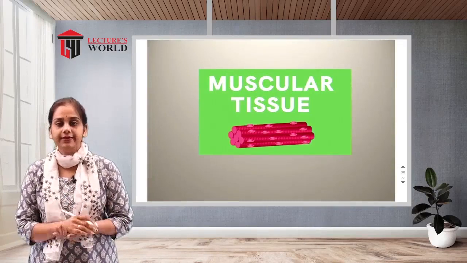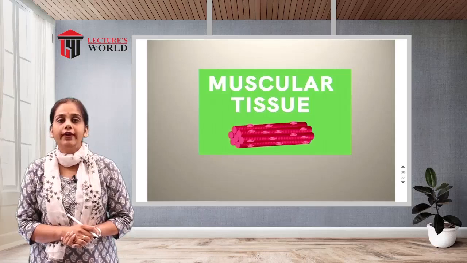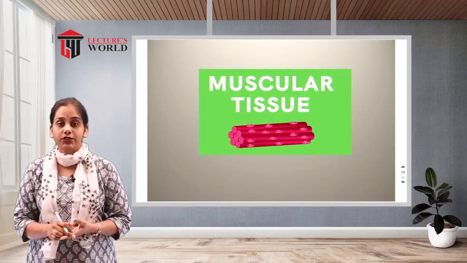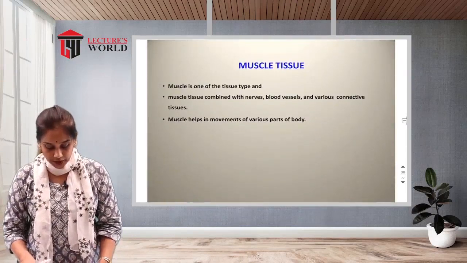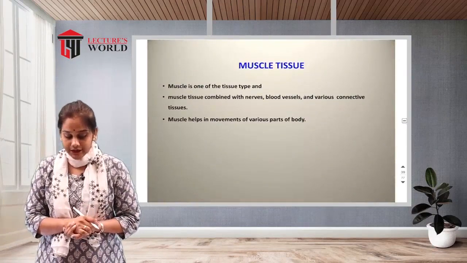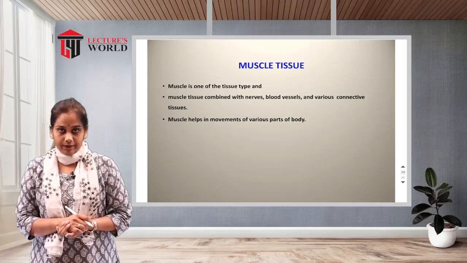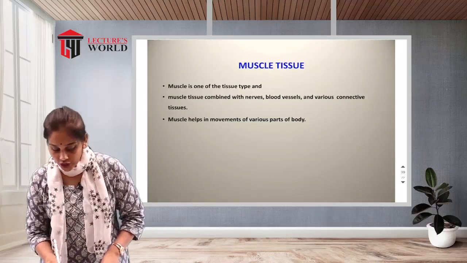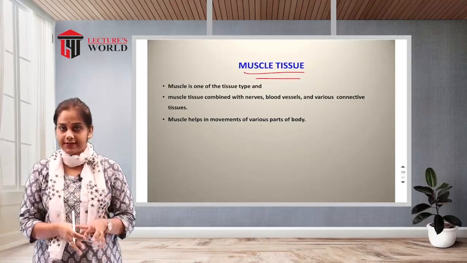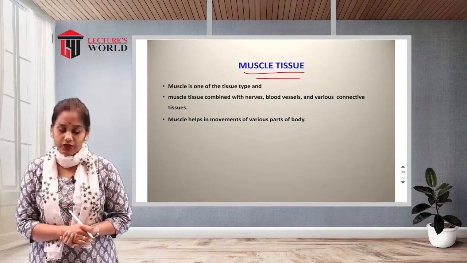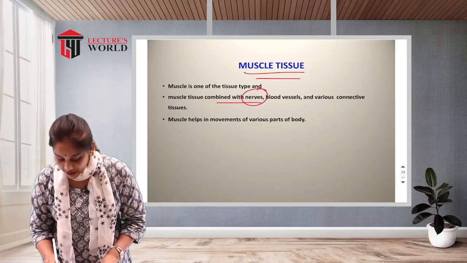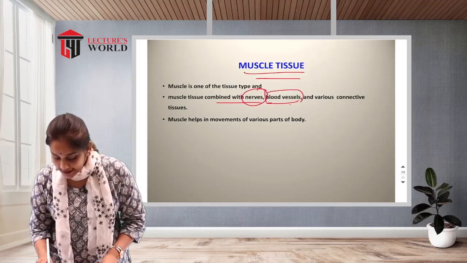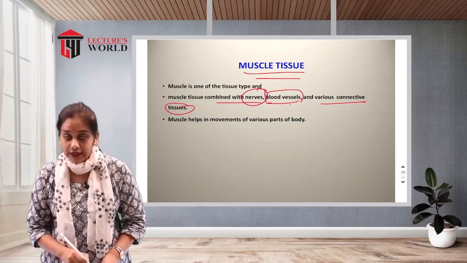Now the third one is muscular tissue, also known as muscle tissue. So let us see muscle tissue. Muscle is one of the tissue types. Muscle tissue is combined with nerves, blood vessels and various connective tissue.